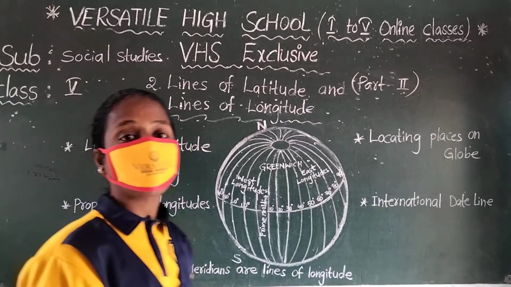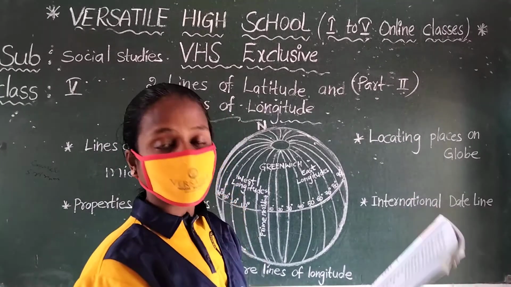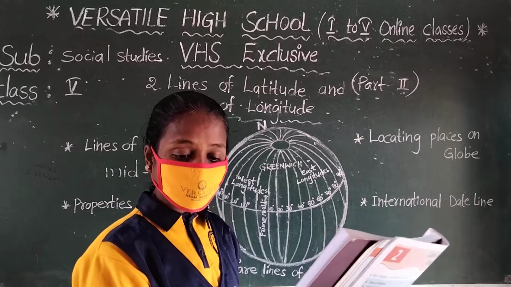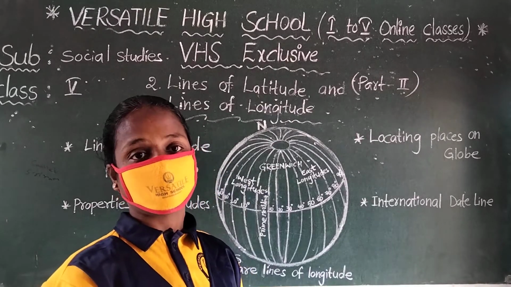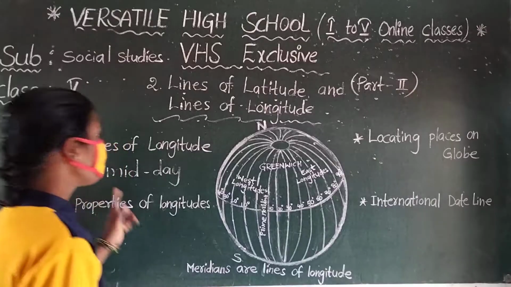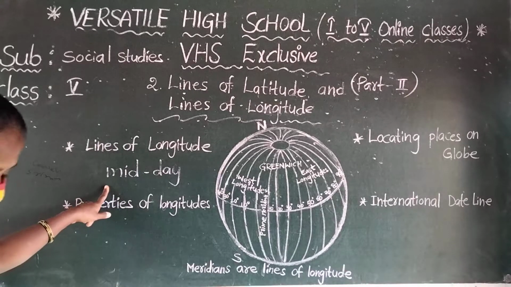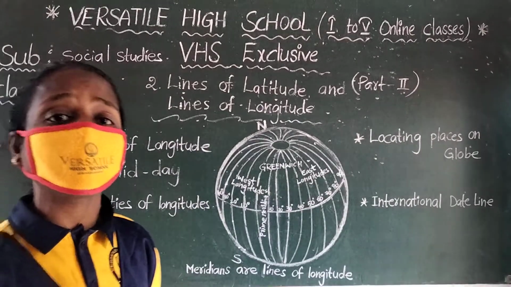Understood children? Now see that the lines of longitude are the same in length.